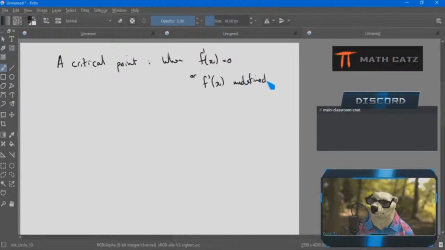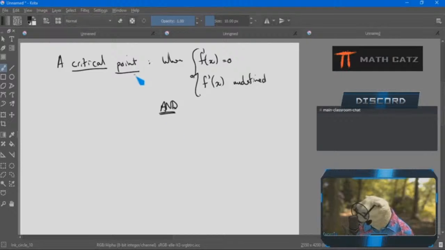All right, so those two situations could give me a critical point, and I always check those two. And, capital AND, I have to have a point. It's critical, it's important for my table out of these two checks. And it has to be a point, meaning my function is defined there. There has to be a point there.